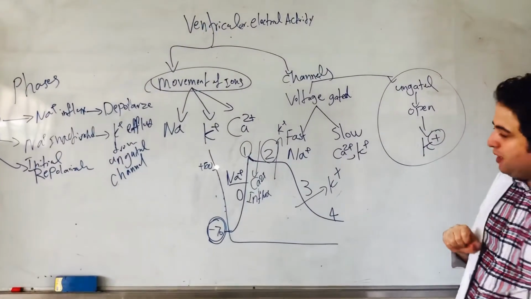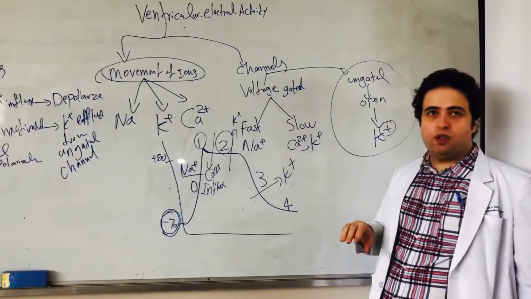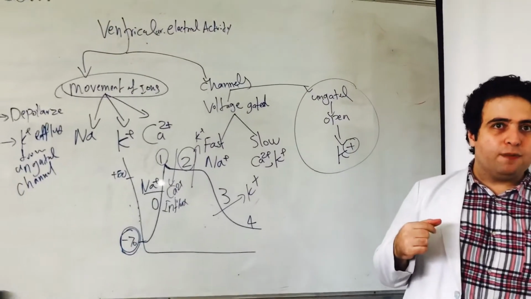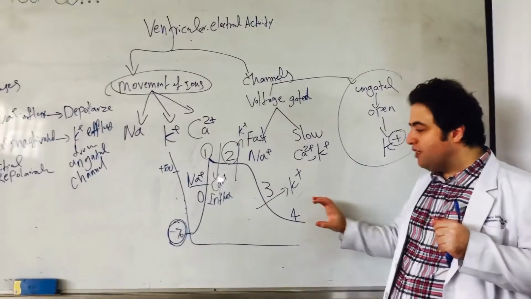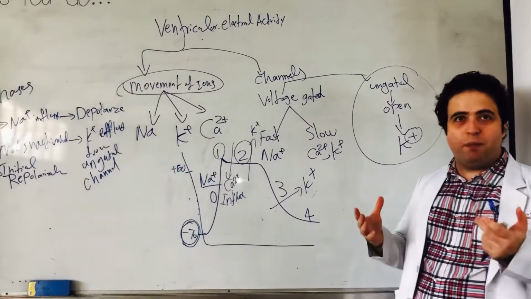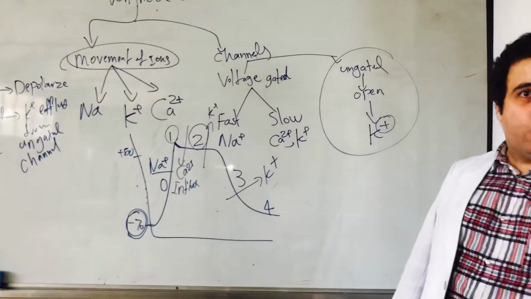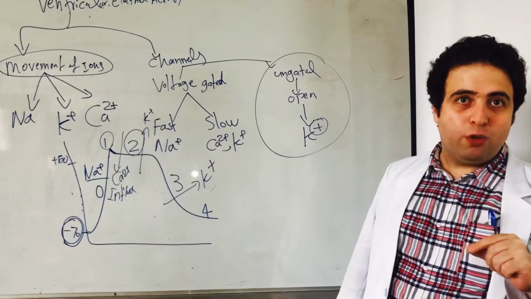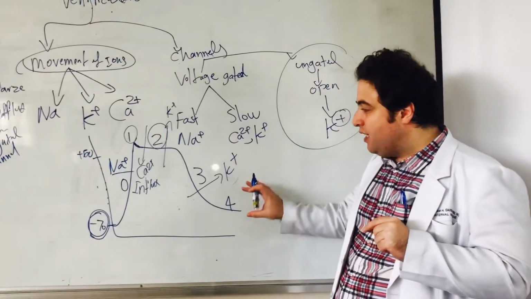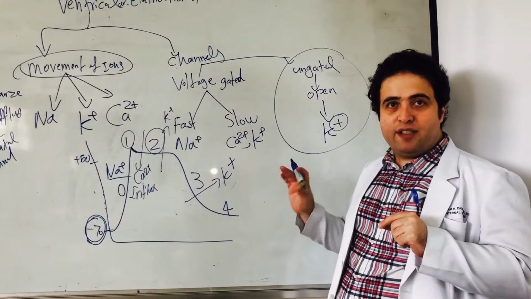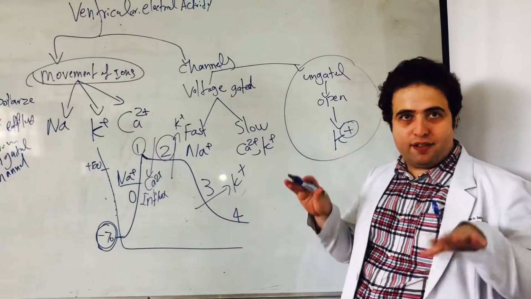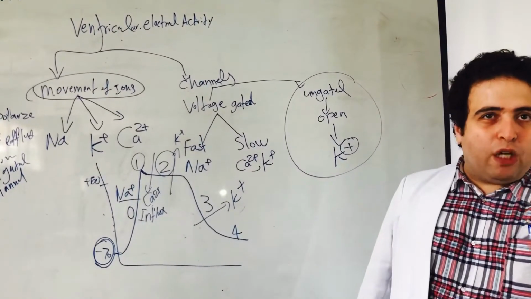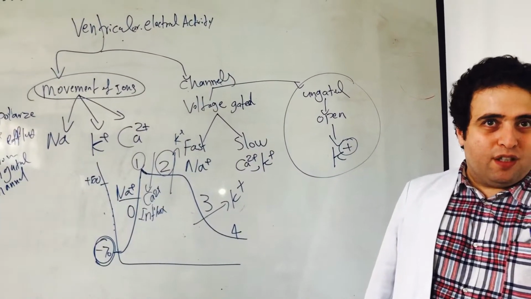Okay. Many students ask about phase 4. How will the cell generate resting membrane potential? In order to generate the resting membrane potential, I need to have sodium-potassium ATPase. That's very important to have phase 4, which is resting membrane potential. So it will be balanced. And another theory here is that when inside the cell becomes too negative, right?